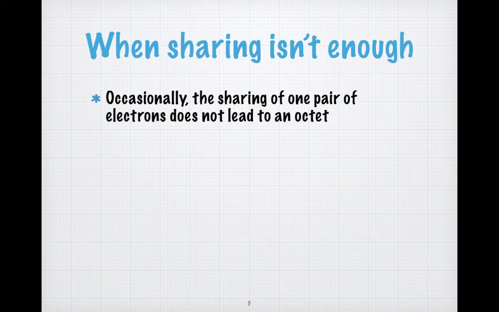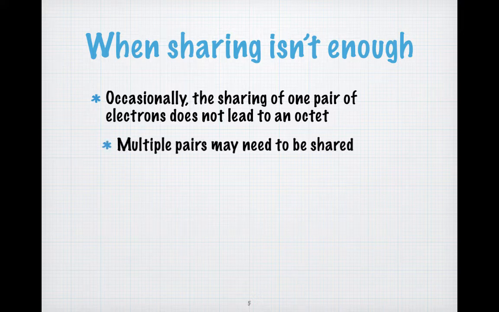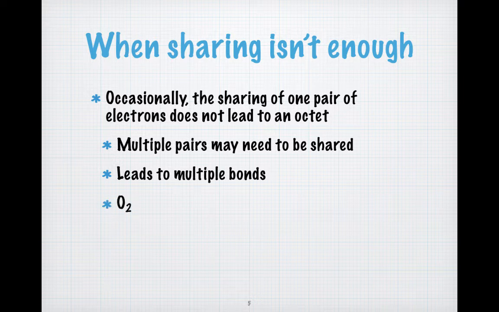Now, sometimes sharing one pair of electrons does not lead to an octet, and what an atom may have to do is share more than one pair of electrons. When you do that, you get multiple bonds. Each pair of electrons that gets shared is considered a bond. In something like O2, we'll look at how that's made in class, but what we'll find is that we have two pairs of electrons being shared.